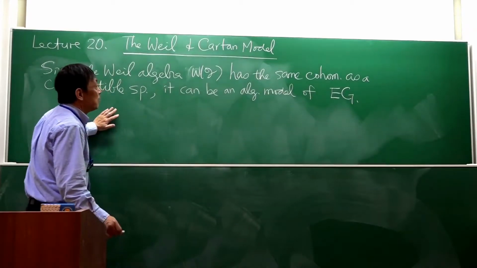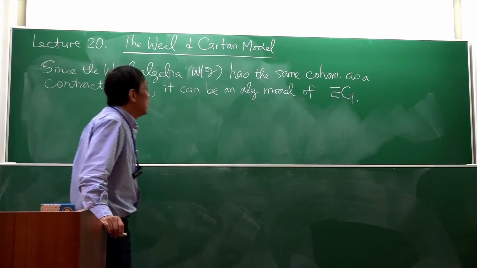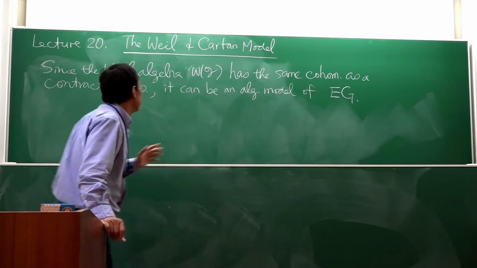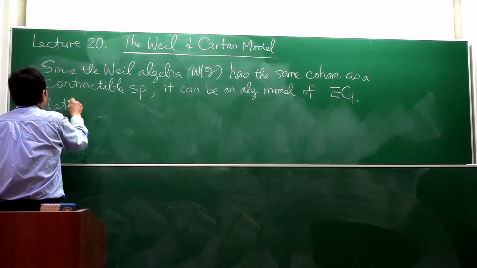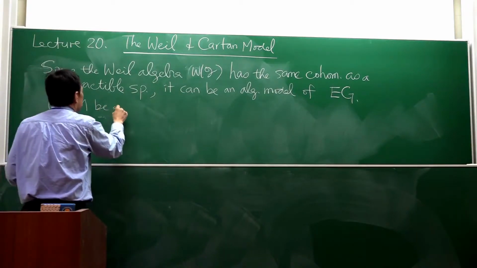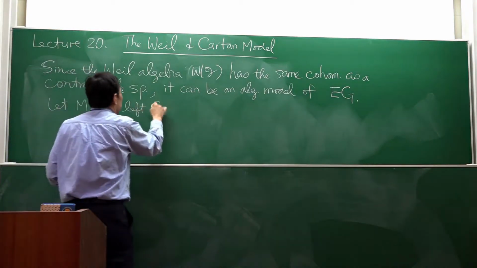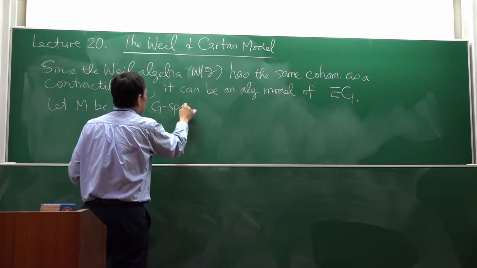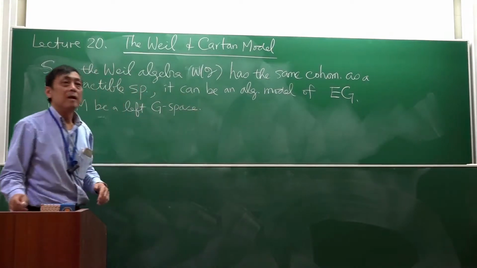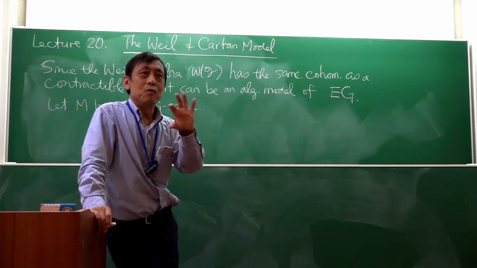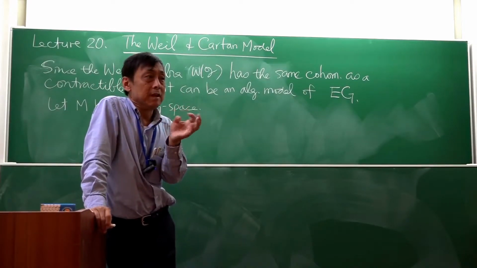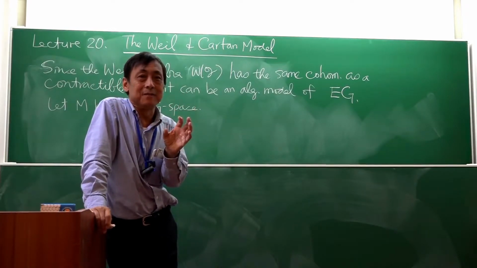And then what would be a model of M? Say, let M be a left G space. Right. Which algebraic object has the same cohomology as M?